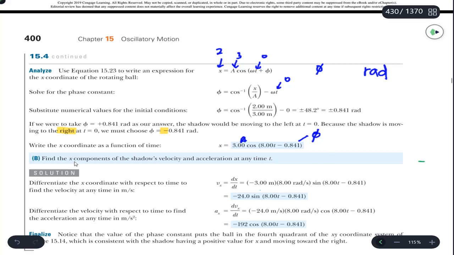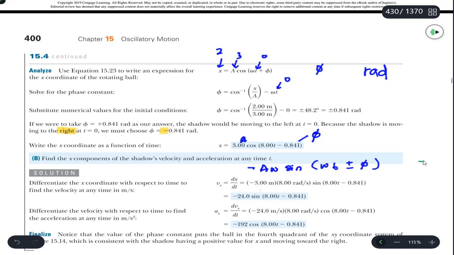So the next question is to find the components of x in terms of the velocity and acceleration. So remember earlier that it should have a generic expression of sine(omega t plus minus phi). Alright, so just substitute accordingly. If it's not asking you to differentiate, you do not need to show a proper way to arrive at this expression.